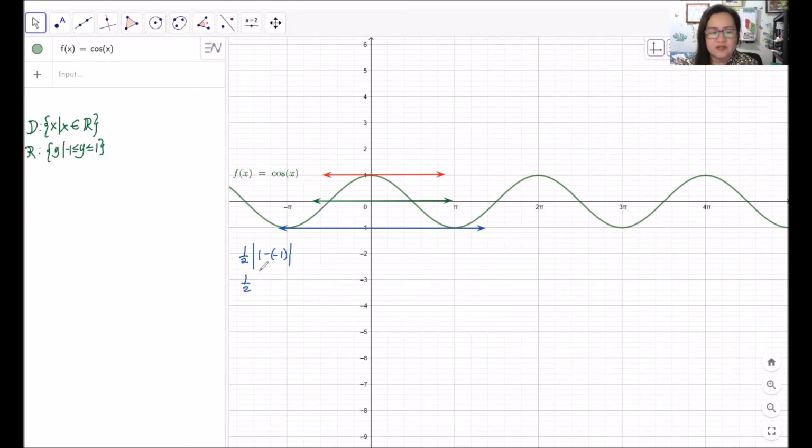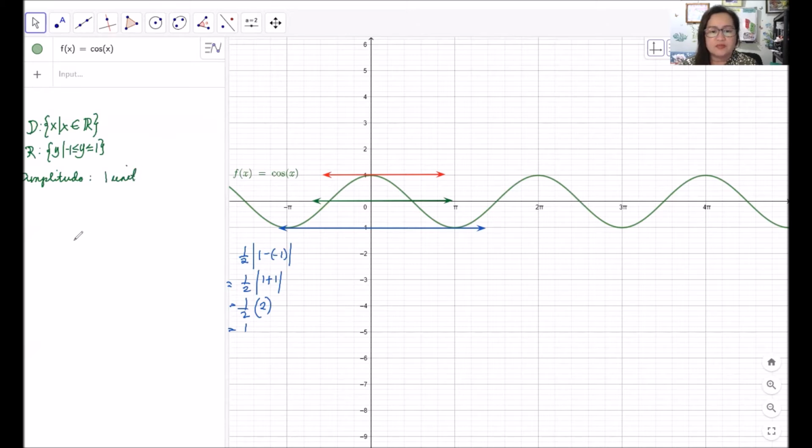Simplifying the expression, we will have 1 plus 1, then 1/2 times 2. Simplifying, we will have 1. So we can see that the amplitude is really equal to 1. Okay, so amplitude 1 unit.